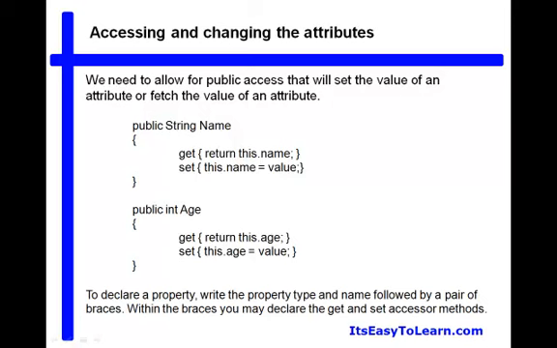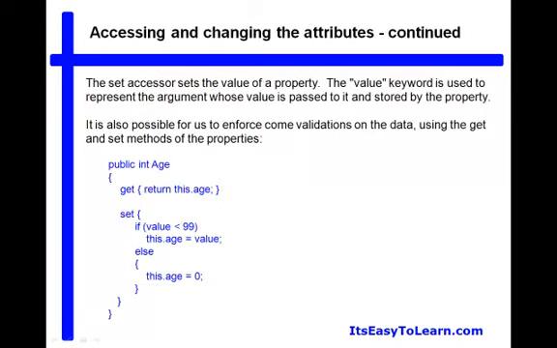So why do we do this? Why do we have this specialized access structure for the attributes? It allows us to enforce some validations of the data using the get and set methods of the properties.